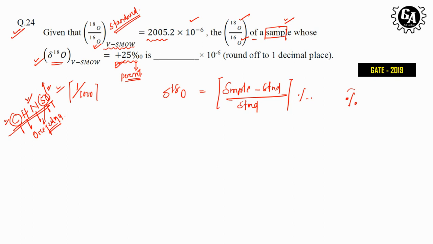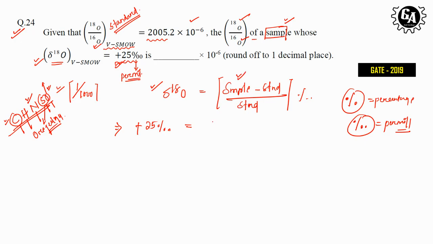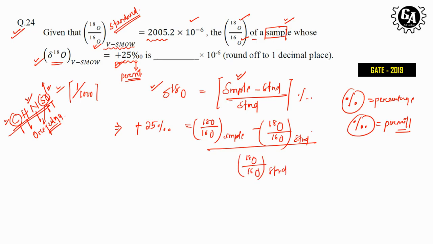Here the delta 18O value is given as plus 25 per mil, which equals the 18O by 16O of the sample minus 18O by 16O of the standard, divided by the 18O by 16O standard.